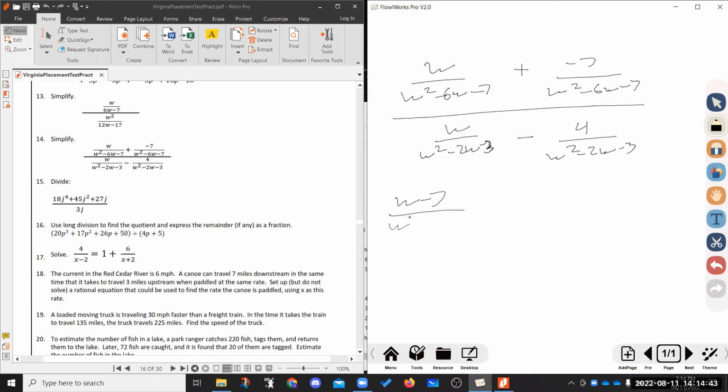W minus 7 over w squared minus 6w minus 7 can be divided by w minus 4 over w squared minus 2w minus 3.